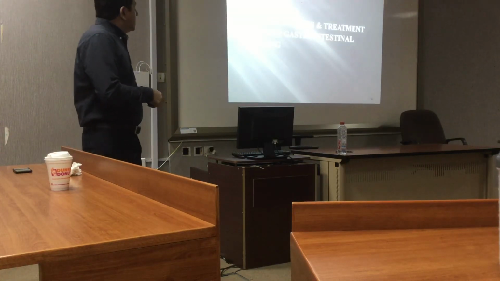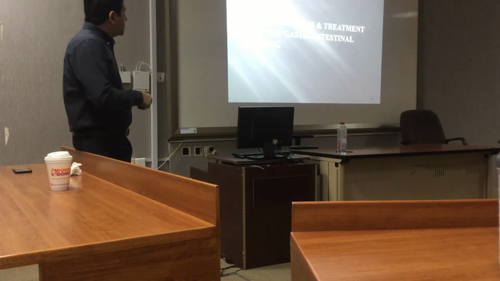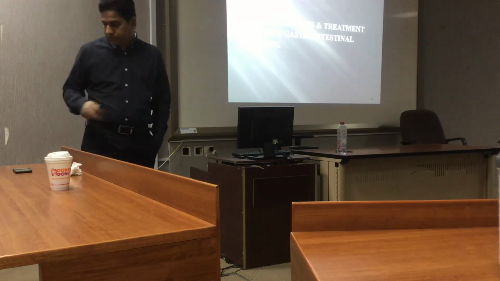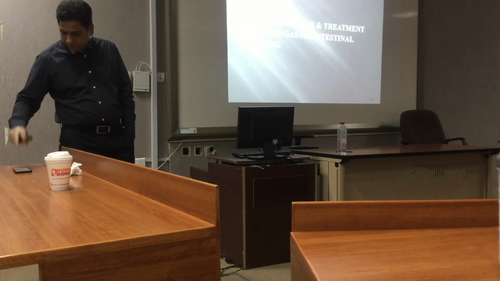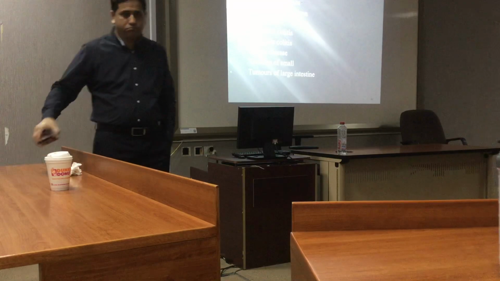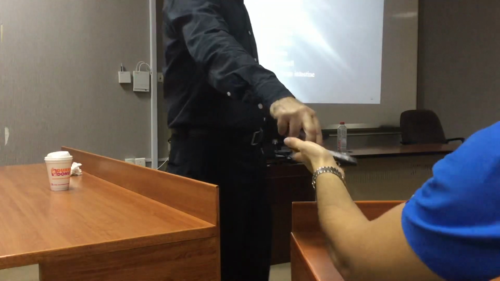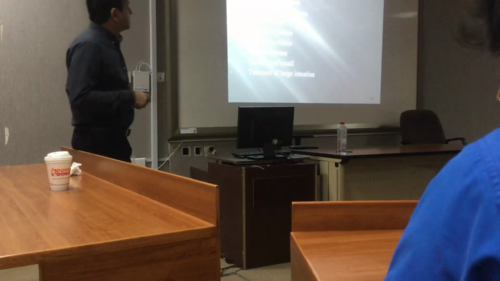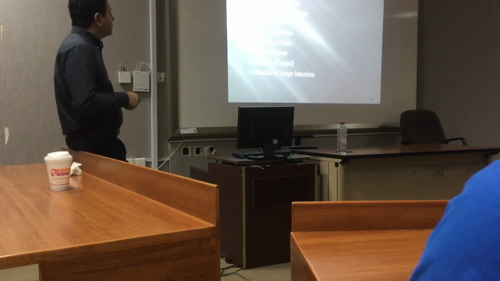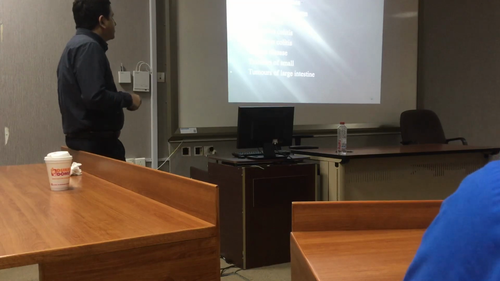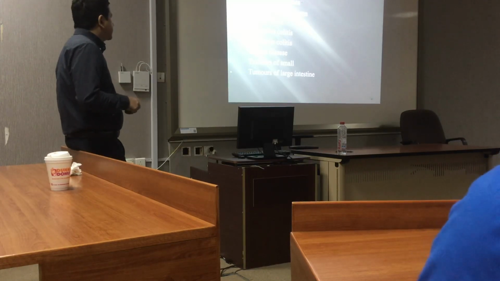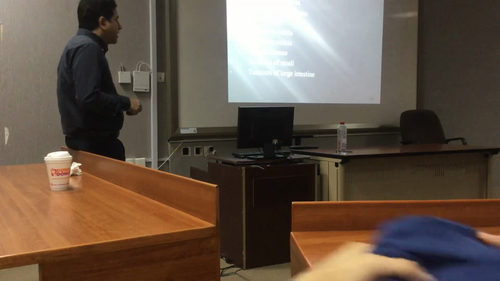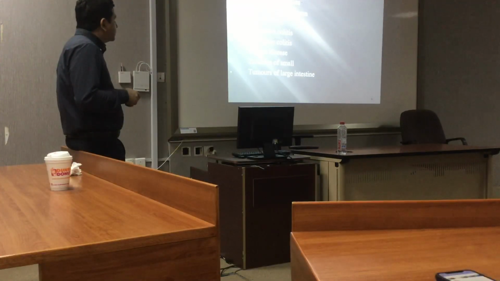Before I go on, the causes, diagnosis, and treatment of lower gastrointestinal bleeding. These causes are vascular anomalies, diverticulum, diverticulitis, ulcerative colitis, Crohn's disease, tumors of the small intestine, tumors of the large intestine.